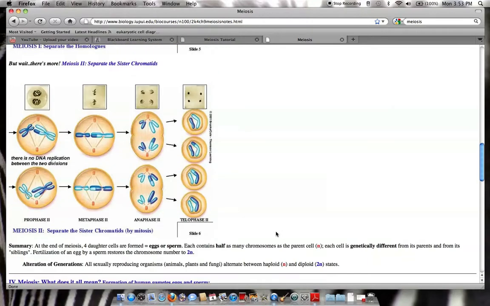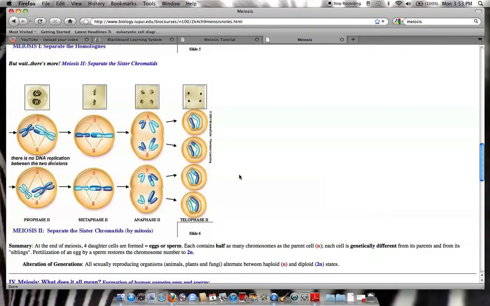Then during meiosis 2 we have once again these sister chromatids in metaphase 2 lining up on the midplane, and then in anaphase 2 they're separating, and then finally we are totally at chromosome number reduction here, haploid.